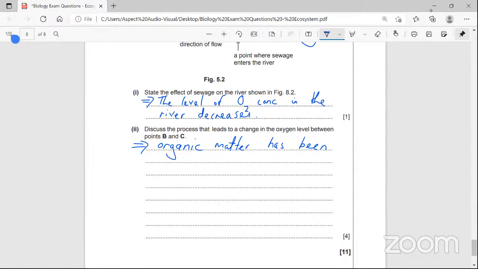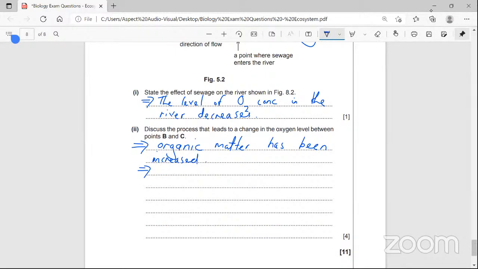When you release sewage into the river, they increase the amount of organic molecules there. Are we together? So what happens next, when you have more organic material in the river?